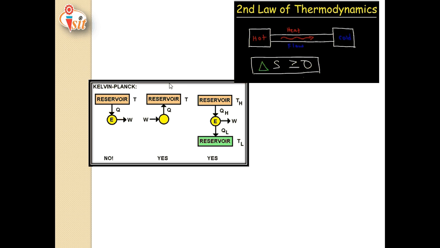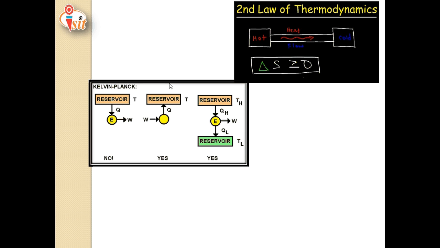Second law of thermodynamics, which is related to refrigeration and air conditioning. The first statement is Kelvin-Planck. It is impossible to construct a machine working on a cyclic process which will work continuously without consuming any energy. It means that any machine cannot work continuously unless an input is given to that machine.